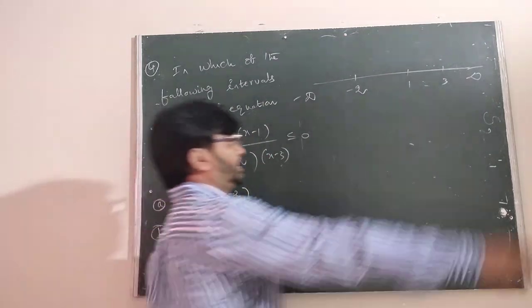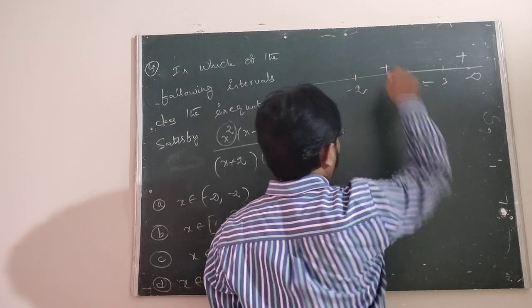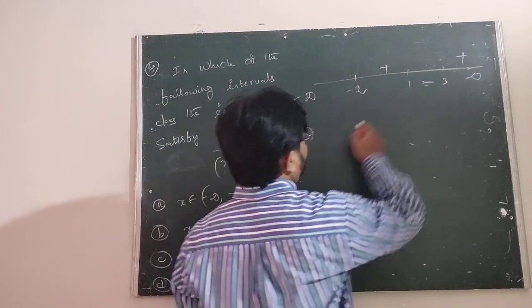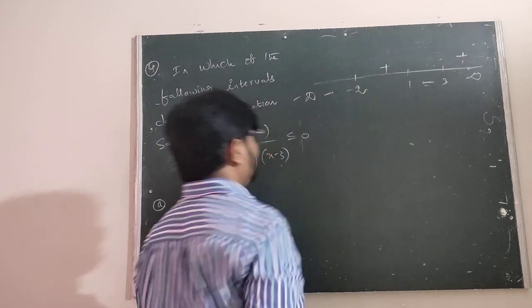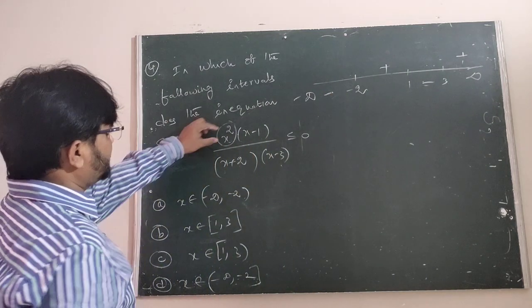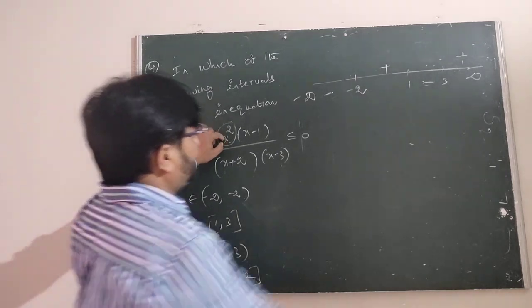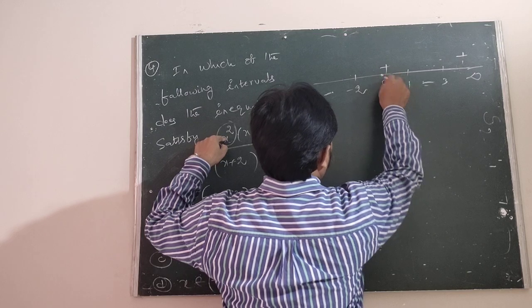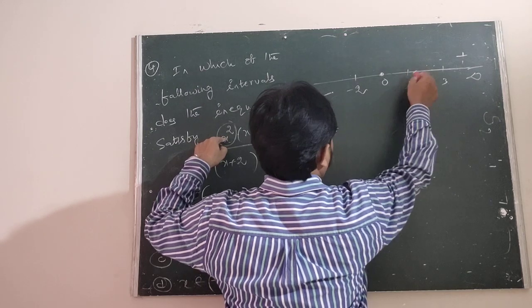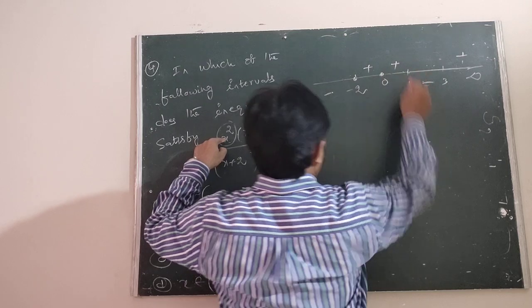Now from the wavy curve method, the signs are plus, minus, plus, minus. Here we observe x square equal to 0 gives x equal to 0. 0 is in between minus 2 and 1, so this complete part is the plus part.